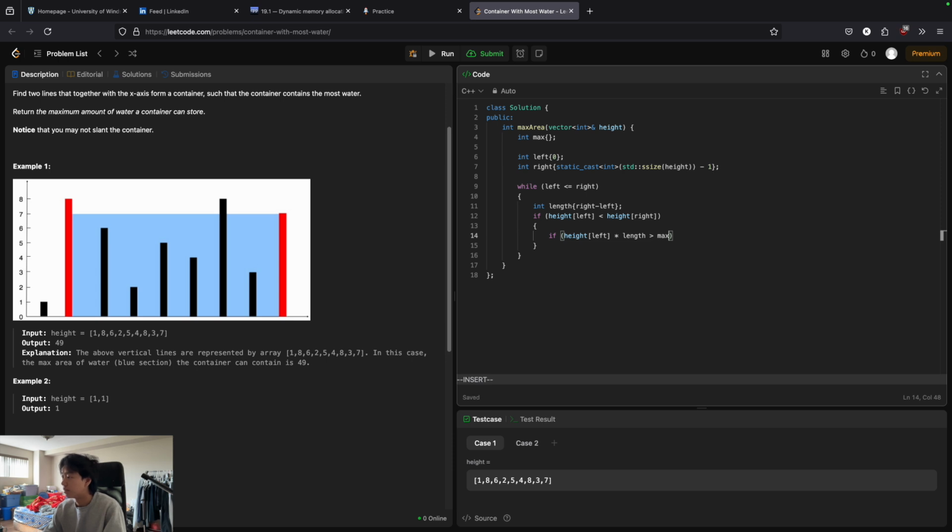Wait a second. We don't need to do this. Actually, I do need that bracket, right? So then if this is greater than the maximum, then we will do, oh, never mind. Okay, we're gonna just do this.